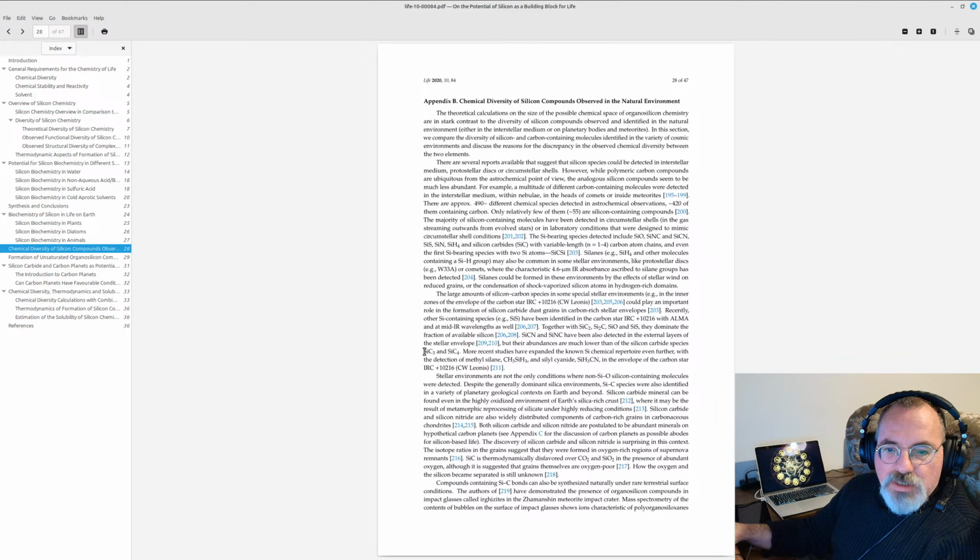More recent studies have expanded the known silicon chemical repertoire even further with the detection of methyl silane, CH3SiH3, and silyl cyanide, SiH3CN, in the envelope of the carbon star IRC plus 10216 CW Leonis.